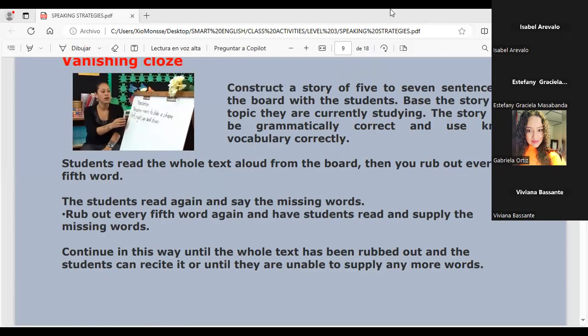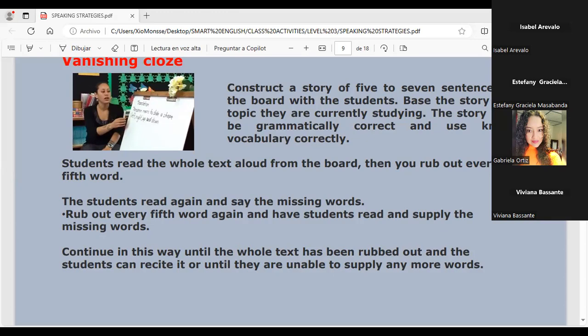Yes. Vanishing clothes. Construct a story of 5 to 7 sentences on the board with the students. Base the story on a topic they are currently studying. The story must be grammatically correct and use known vocabulary correctly. Students read the whole text aloud from the board. Then you rub out every fifth word.